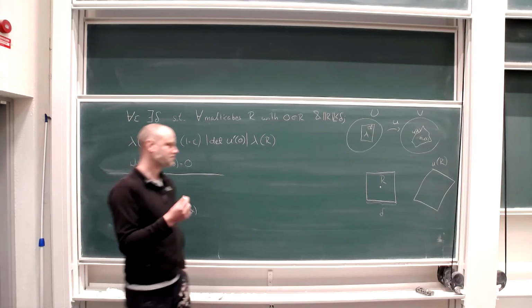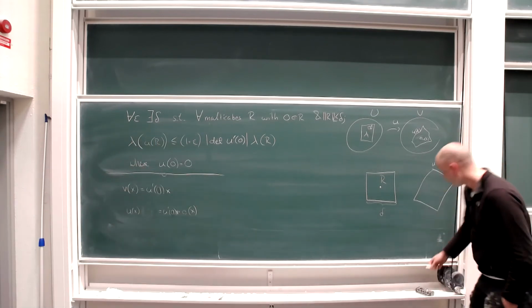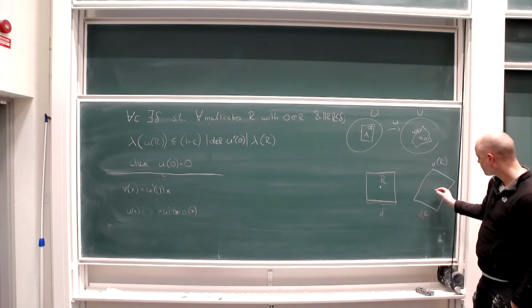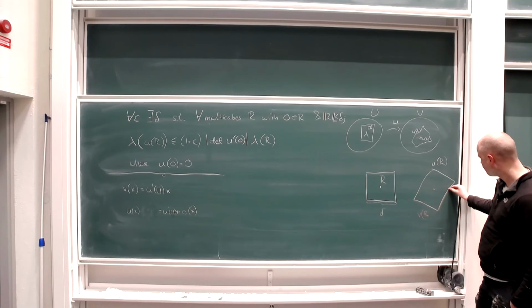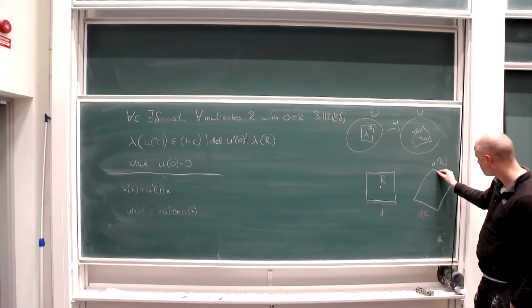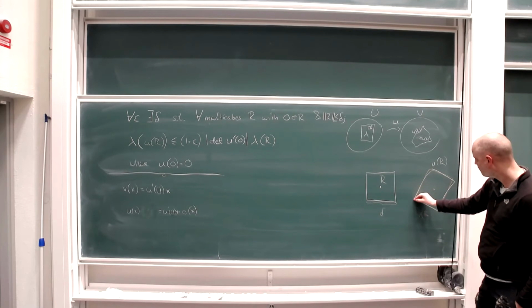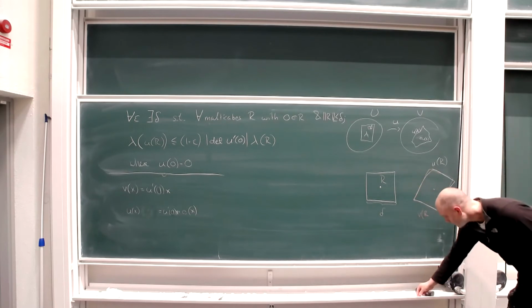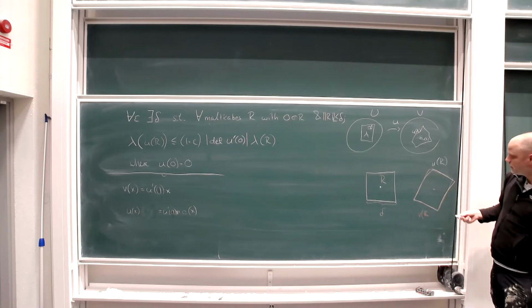So if instead of considering U of R, we consider V of R, what's that going to be? So 0 is here, let's say. It's going to be some sort of straightened out version of this. And clearly they're not going to differ much in the size.